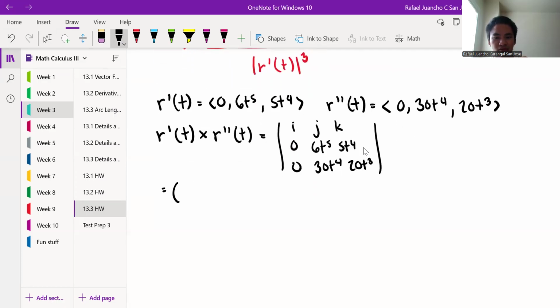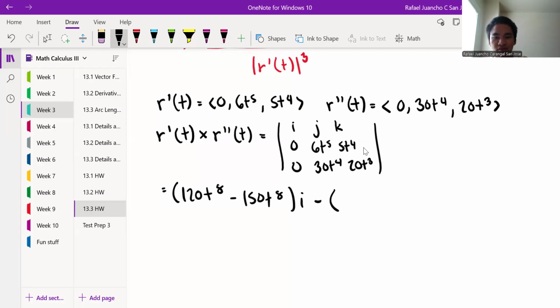Then we take out the i, so we get 6t to the 5th times 20t cubed, which is 120t to the 8th, and then we subtract 30t to the 4th times 5t to the 4th, which is 150t to the 8th, for my i.